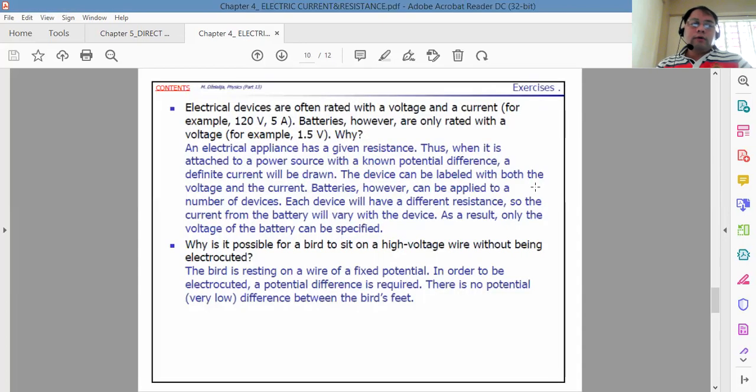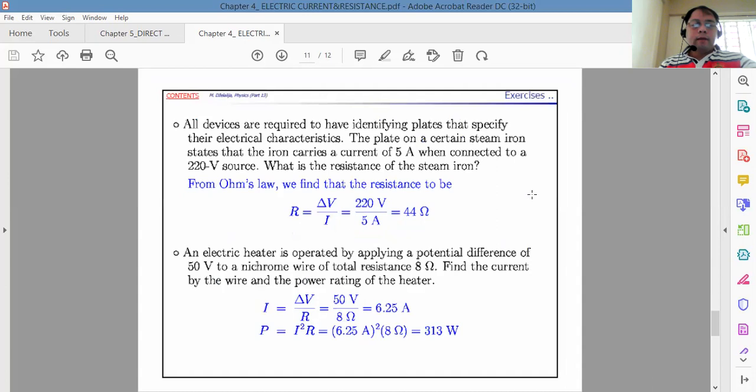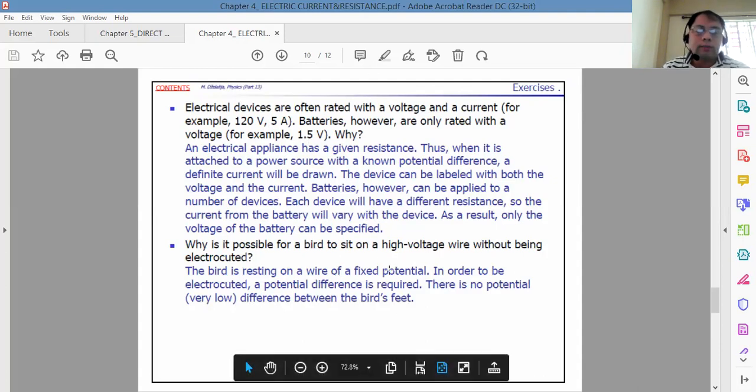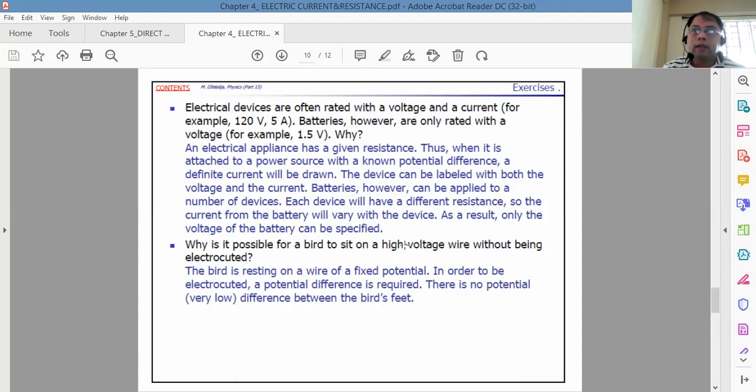Now some of these principles, let's just have, maybe, there are questions here that you would like to read also, no? I will not go into this slide anymore, no? But maybe as to the question why a bird is safe when it is landing on a kind of wire, no?